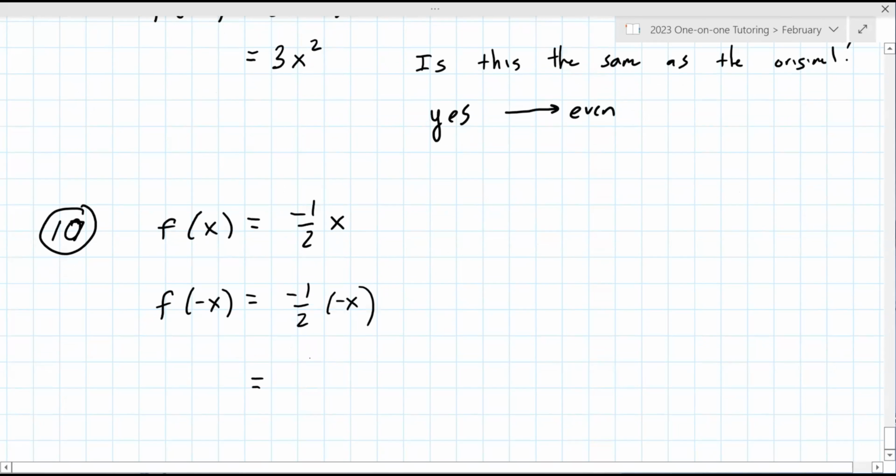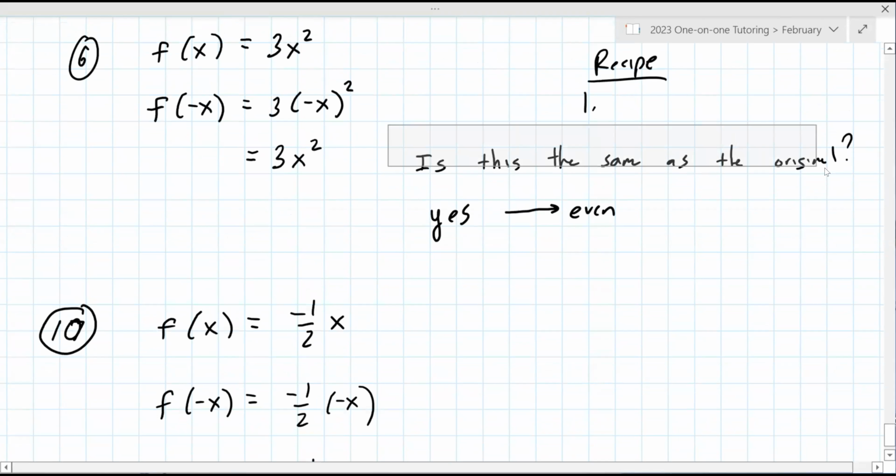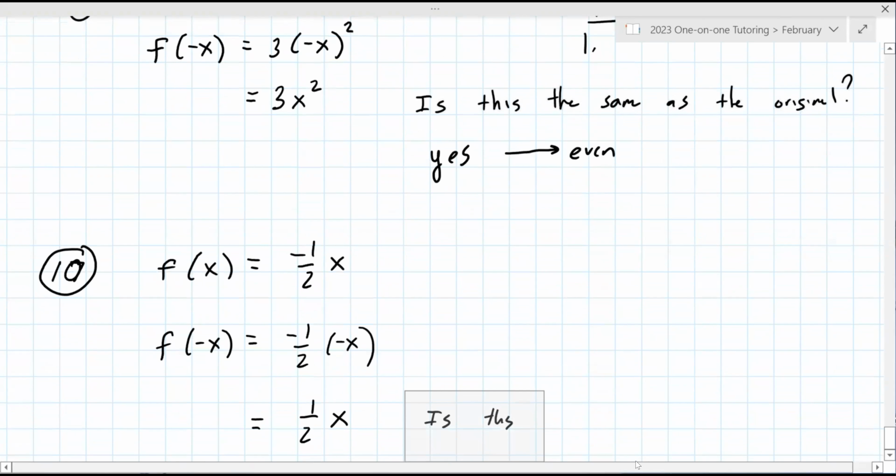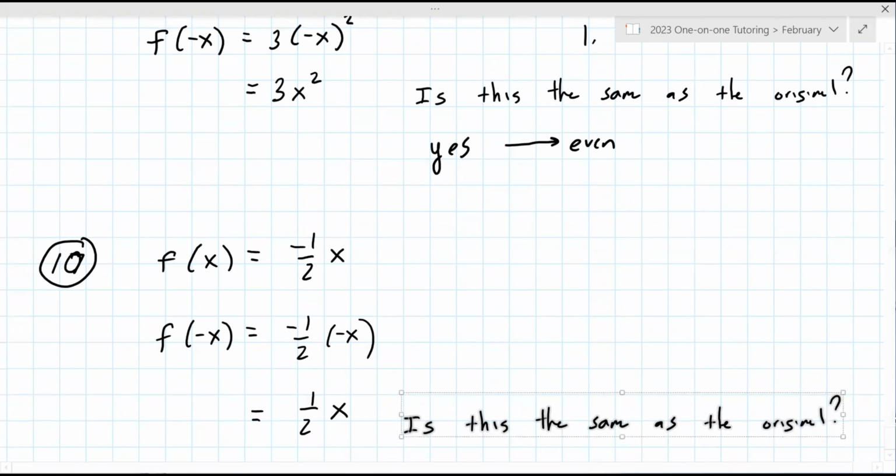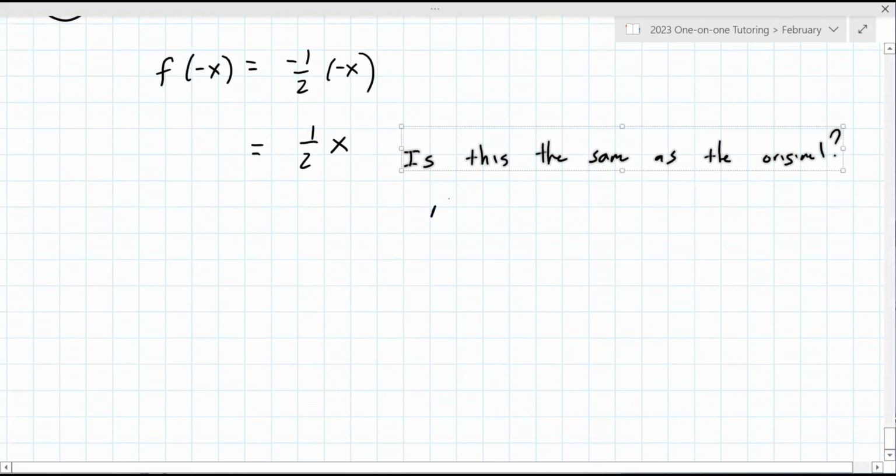And this equals 1/2 x. And then you ask yourself that first question: is this the same as the original? No, it's not. All that means is that it's not even. Can't be even. Doesn't mean that it's odd. It just means it's not even.